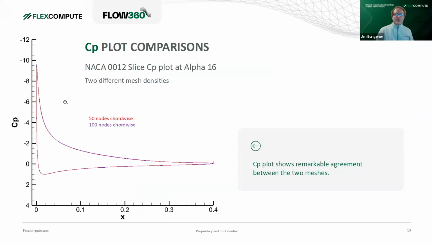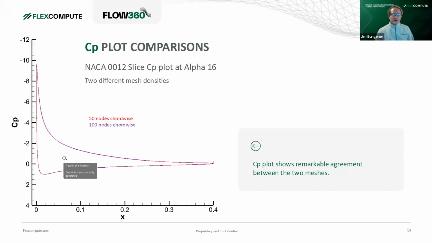And so if you look here, that's the NACA 0012 at alpha 16 on 2 different meshes. And you can see that the CP plots look very good. The comparison looks exceptional. And so you'd be allowed to think, wow, the simulation really matches the wind tunnel, or those 2 codes really match each other.